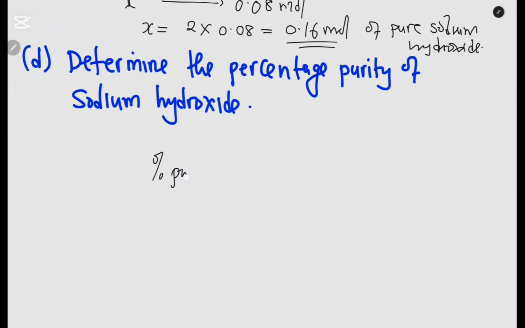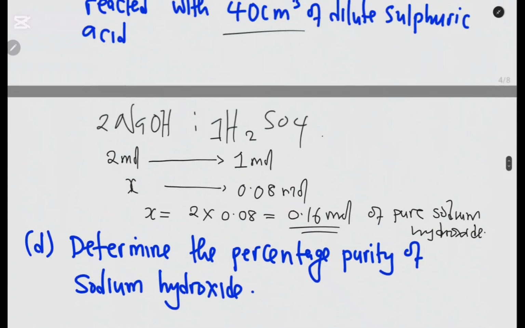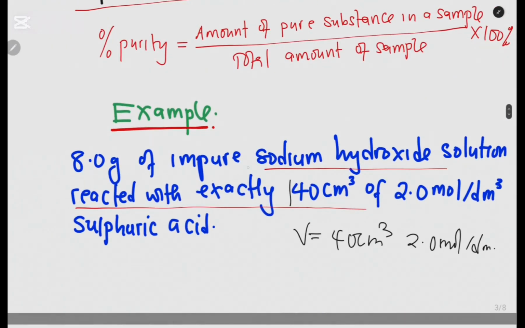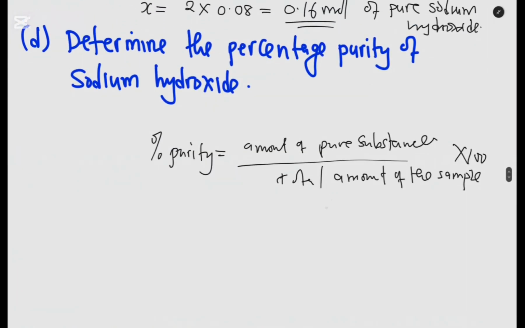So percentage purity equals amount of pure substance over total amount of the sample, multiplied by 100. If you look at the question, we are given 8.0 gram of impure sodium hydroxide. So the down part was given, 8.0 gram.